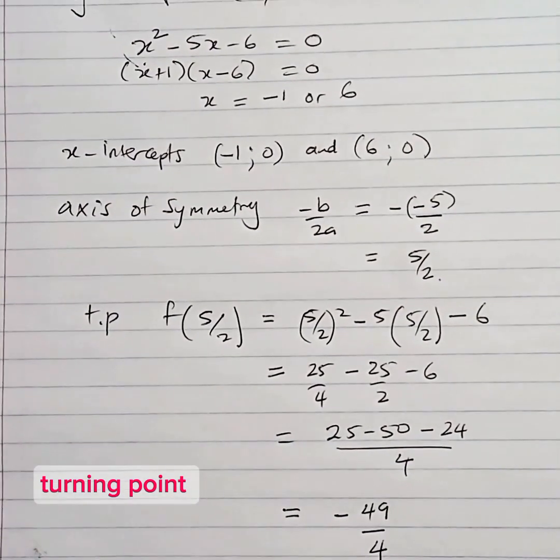So we've got the turning point, we've got the axis of symmetry, and we've got the intercepts.